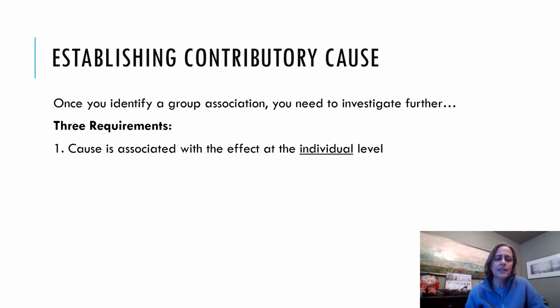The first is that the cause is associated with the effect at the individual level. So while we may see at the population level that drownings and ice cream consumption go up at the same time, right? We might look at all the people who drown and find, oh, well, they didn't eat ice cream, right? So at the individual level, are they associated?